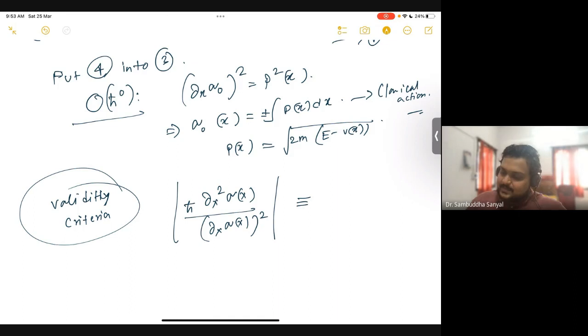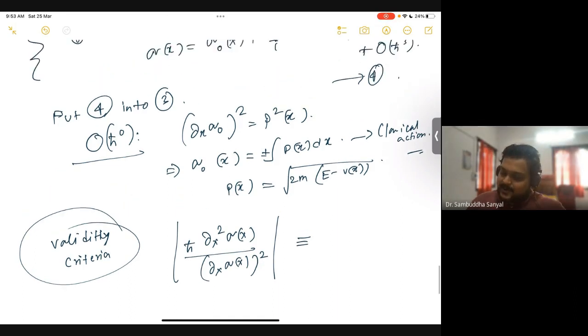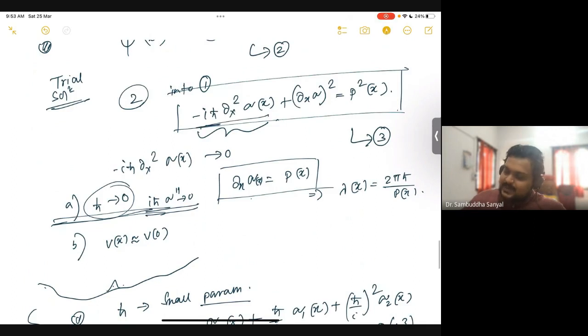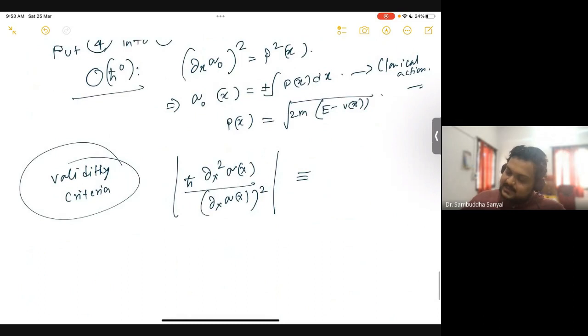What is the validity criteria? This term has to be small, much smaller than this term. So this validity criteria is nothing but this thing, which is basically del x of h bar by del x sigma, and this has to be less than 1.